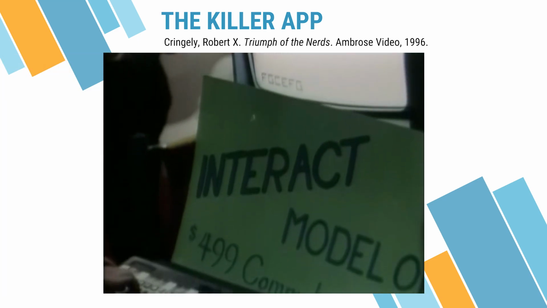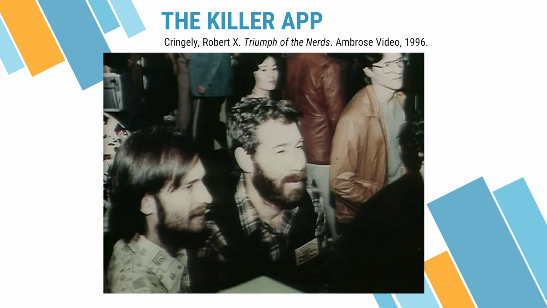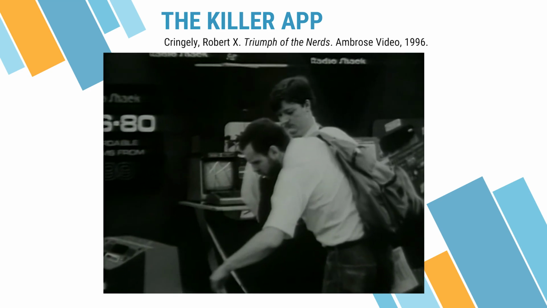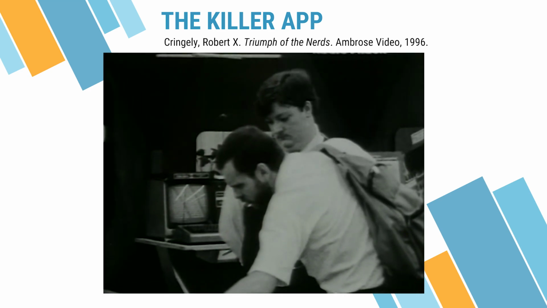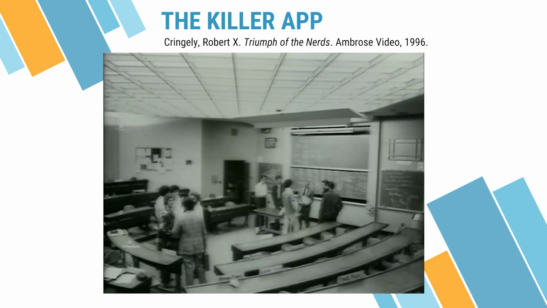The enthusiast market had its limits. To reach the rest of us, the Apple II needed what nerds call a killer application, software that's so useful that people will buy computers just to run it. For the Apple II, this application was called VisiCalc. It came straight from the blackboards of the Harvard Business School.